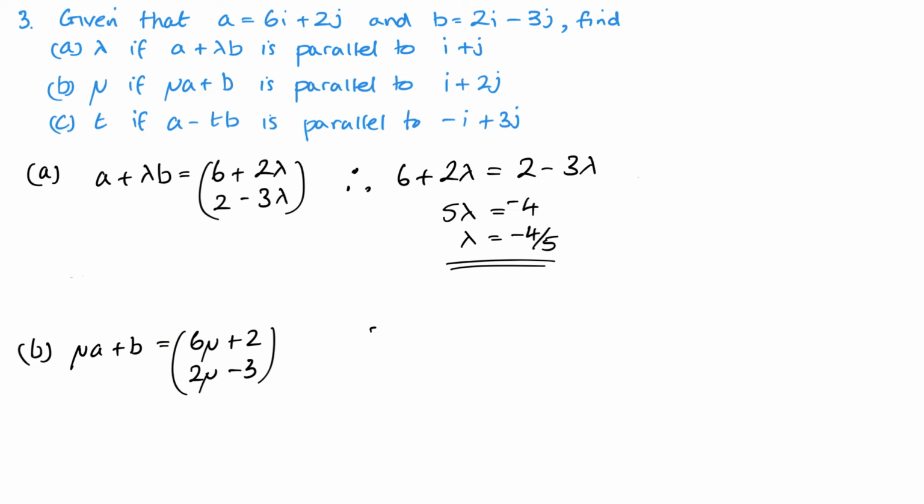So that would mean that I get 2 lots of 6 mu plus 2 equals 2 mu minus 3. Okay, so I'll just repeat that again. The j is going to be twice the size of i. So if I want to make these equal, I would have to multiply the i by 2. And from here then I just solve.